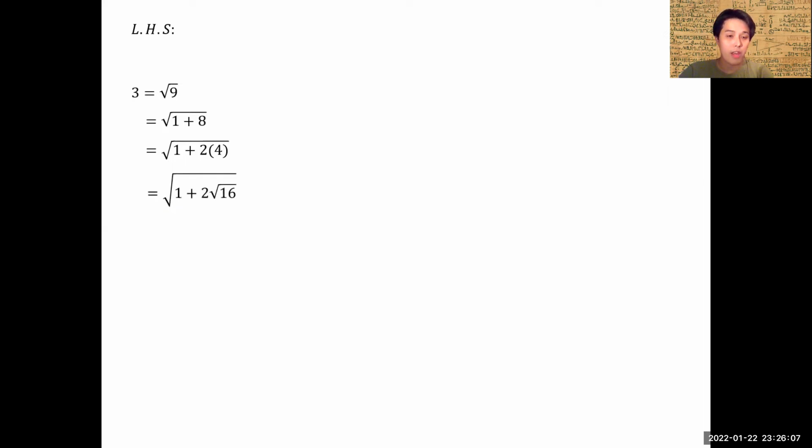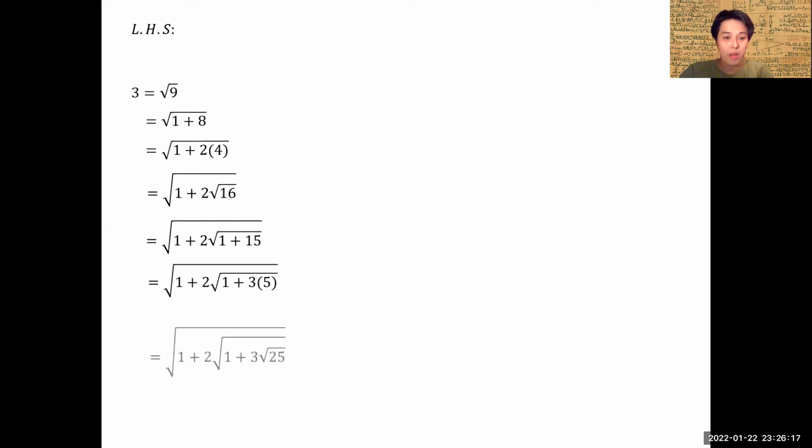Now we have 2 over there. 16 is 1 plus 15, and 15 is 3 times 5. 5 is the root of 25. You are able to see that the entire thing is expanding out gradually into a nested radical.